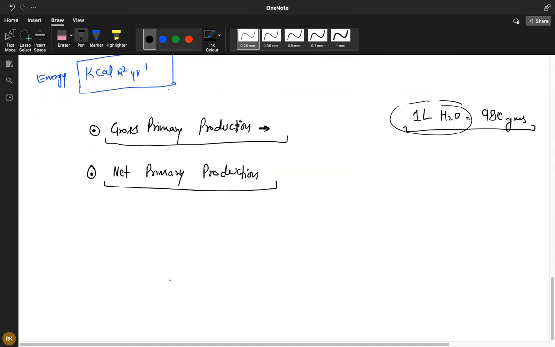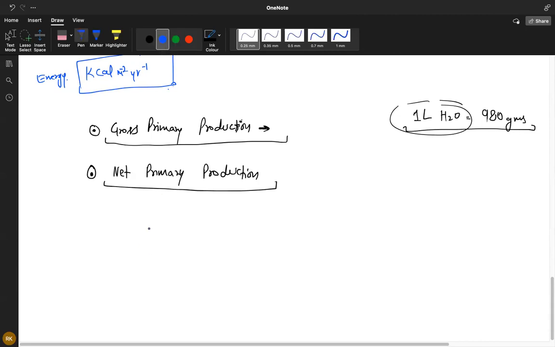Yes, sir. So write down: net primary productivity is calculated by subtracting the respiration loss from the gross primary productivity.